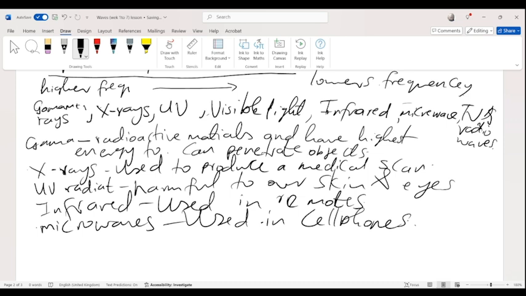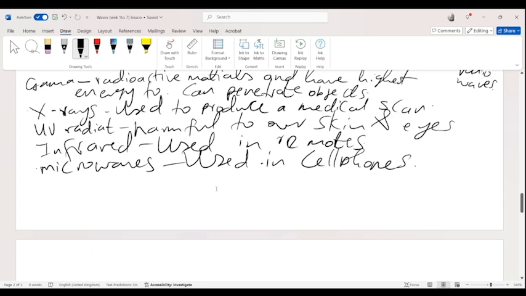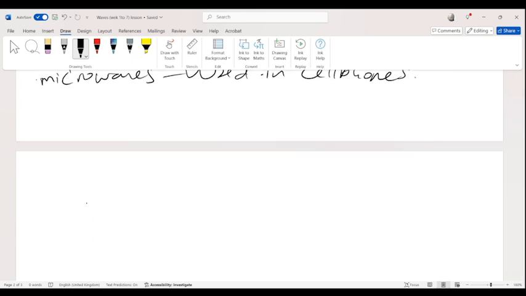Now we have the so-called visible light. So I'm going to talk about the waves of light, or let me just talk about electromagnetic waves as a whole.